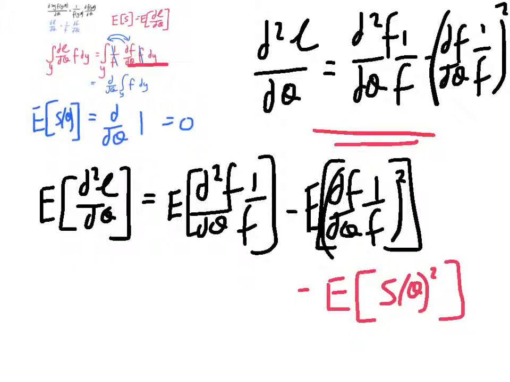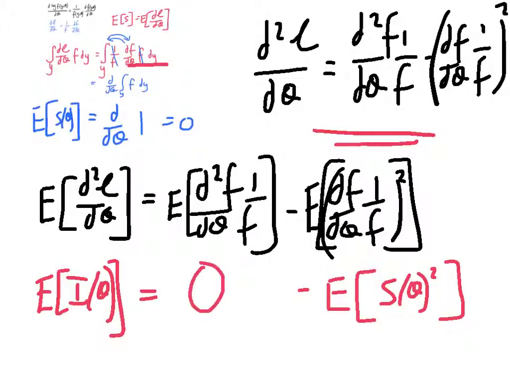And this term here is the expectation of what we're calling the information. So if we can show that this other term is equal to 0, we've found an expression, the solution that we wanted.